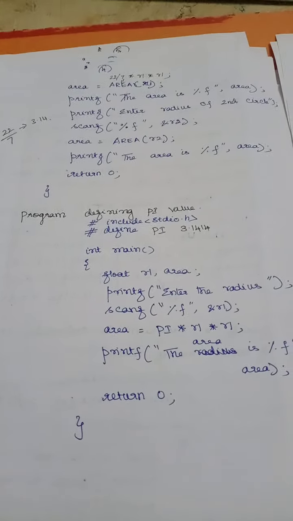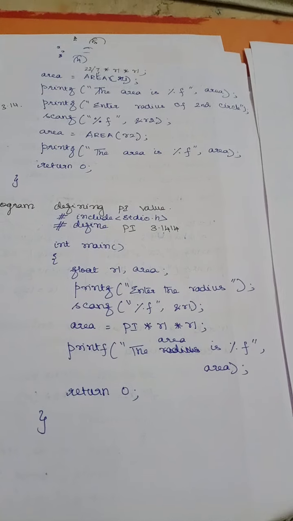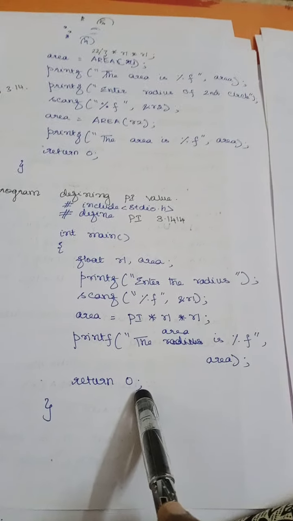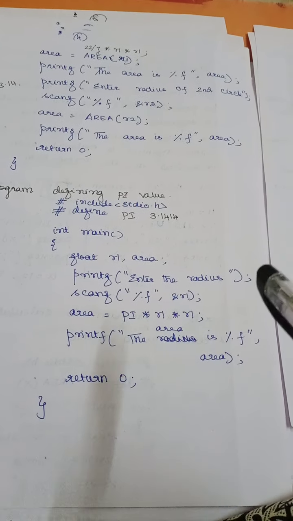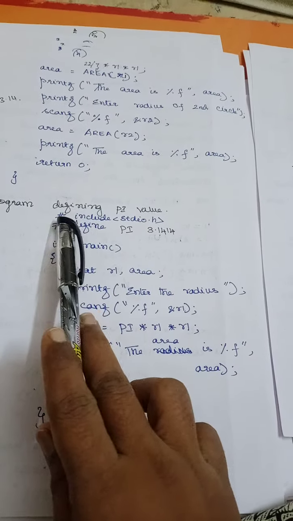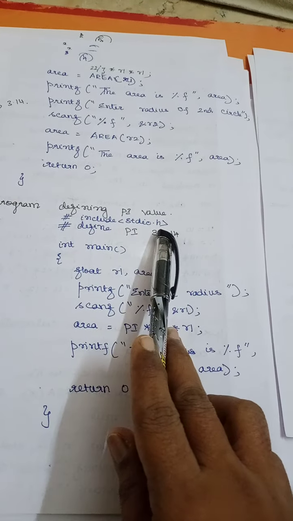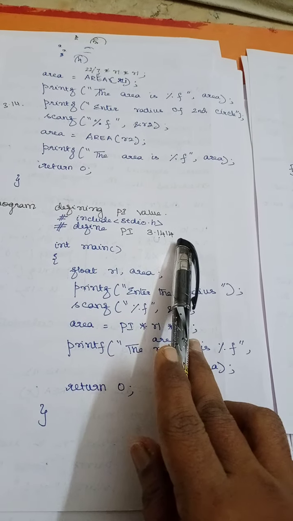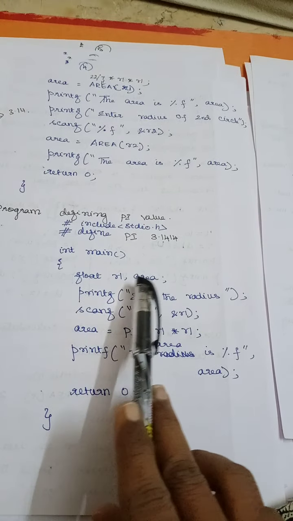Now the next one is defining the pi value. Here I have calculated with a function-like macro, but here it is a normal macro. Just to differentiate these two things, I have written two programs with the same concept, right? So #include <stdio.h>, #define PI 3.14, int main, float r1, area.